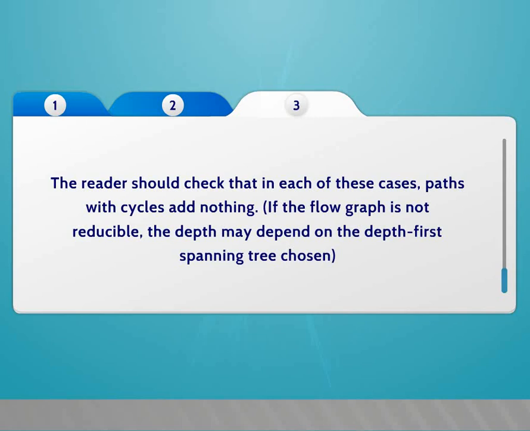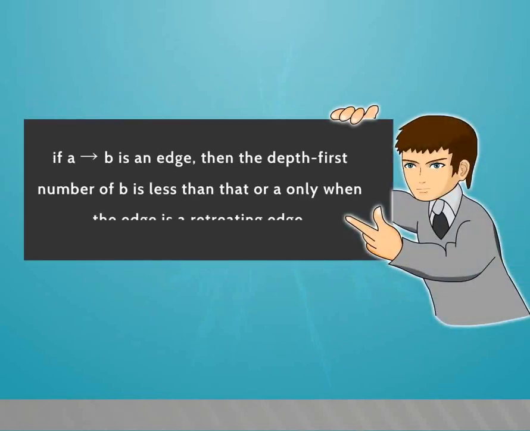If the flow graph is not reducible, the depth may depend on the depth first spanning tree chosen. If A gives B is an edge, then the depth first number of B is less than that of A only when the edge is a retreating edge.